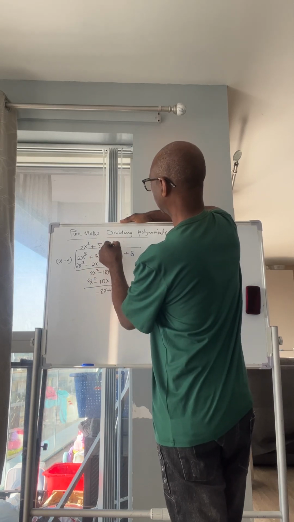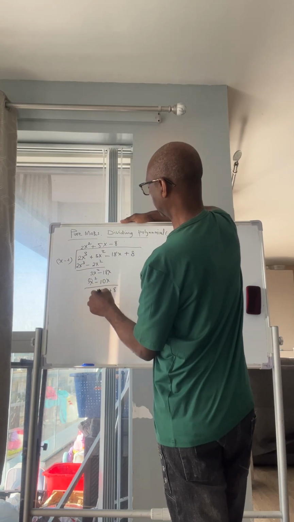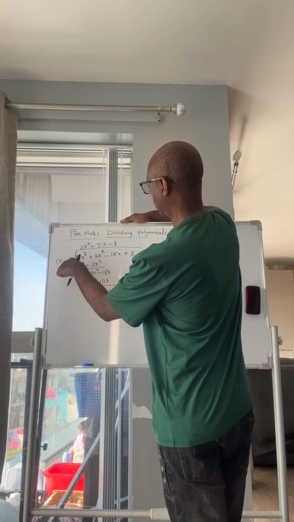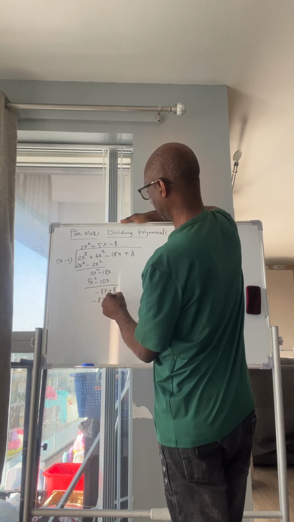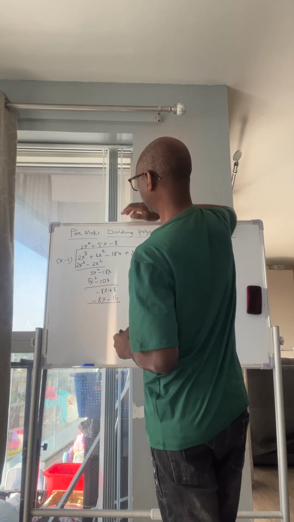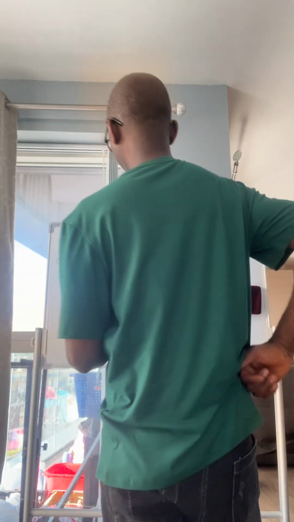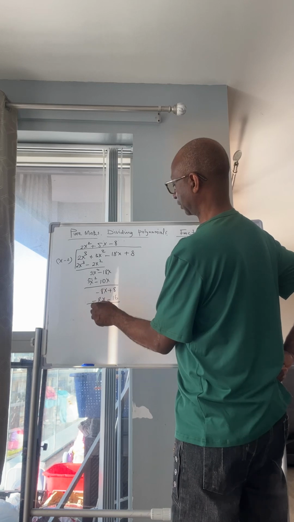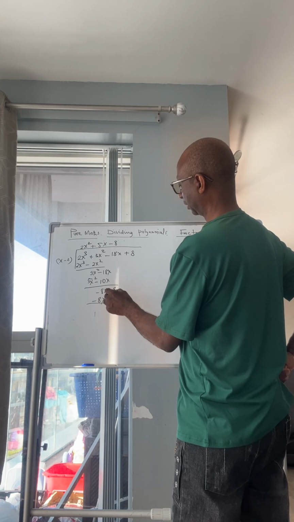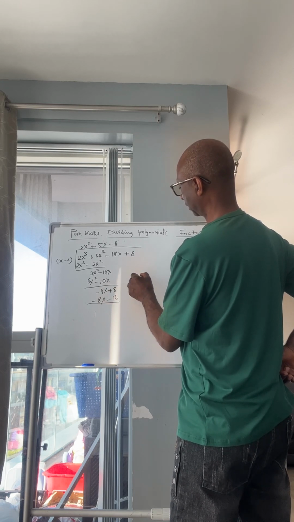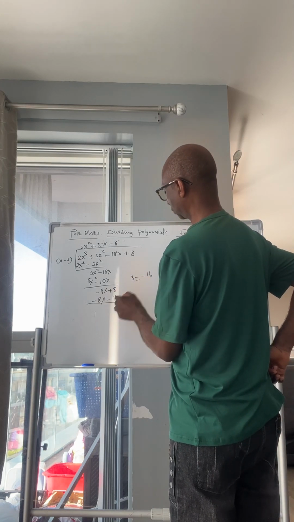Minus 8 times x, minus 8x. Minus 8 times 2, minus 16. Minus 8x, this minus this will go, and then 8 minus 16 will give you 24.